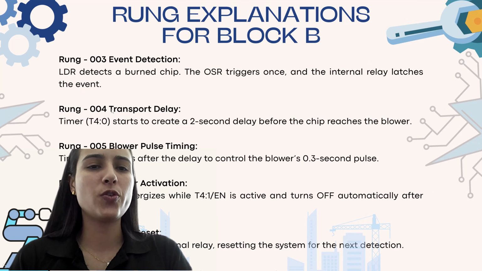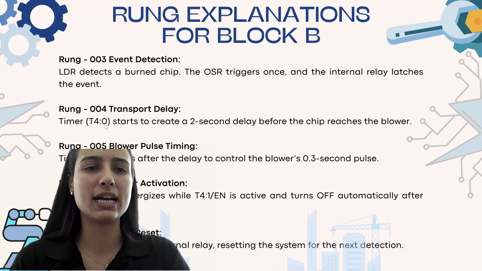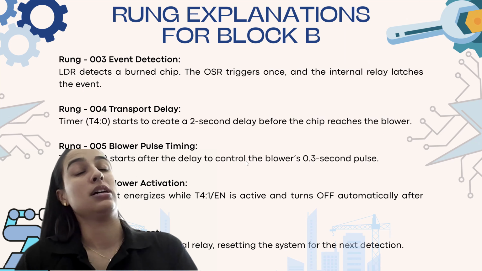Rung 004 is the transport delay, where I establish a timer of 2 seconds delay before the chip reaches the blower. In the next rung, the blower is energized for 0.3 seconds to create a pulse.